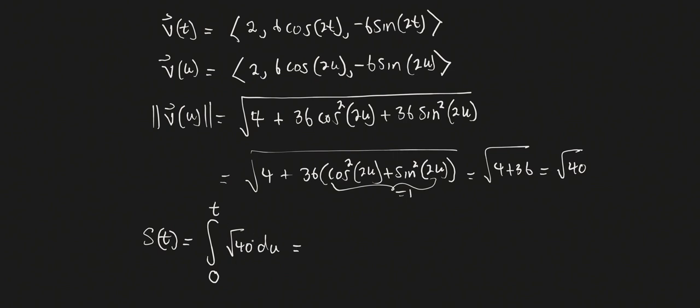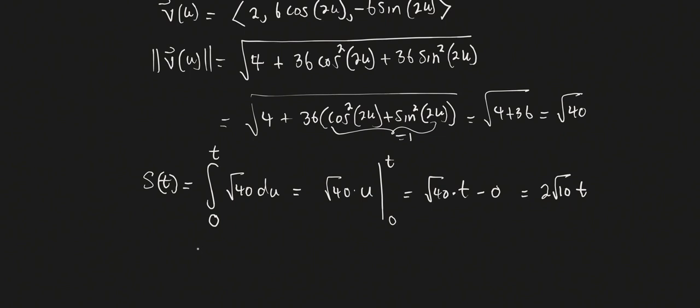But again, this is just a constant, so it works out really nicely. So this just ends up being root 40 times u, that's my variable of integration here. And we're going to evaluate it at 0 and at t. So we end up getting root 40 times t minus 0. Now, root 40 reduces to 2 root 10, and then times t. So this is my arc length function, right?